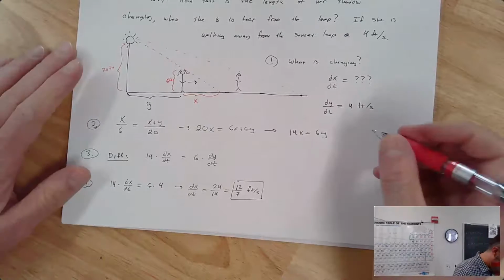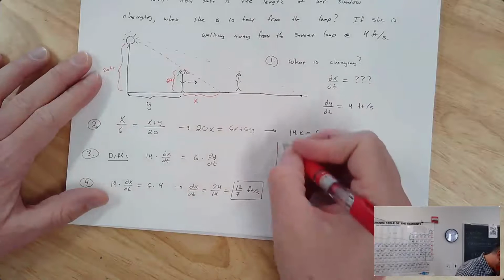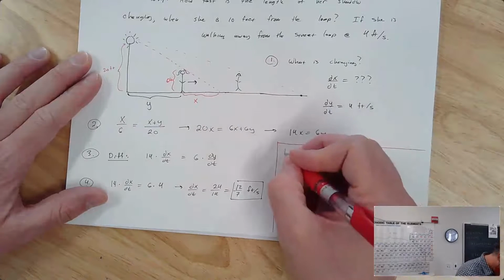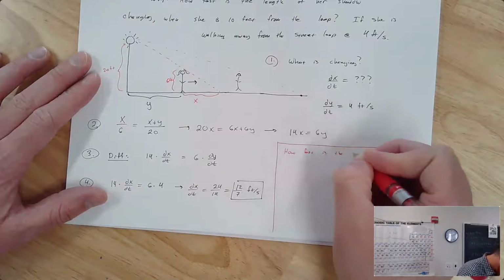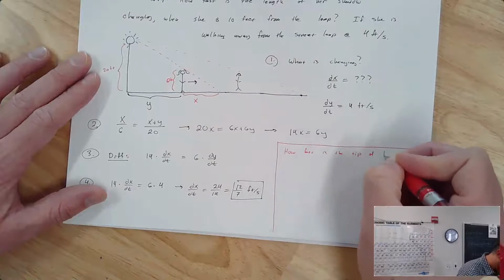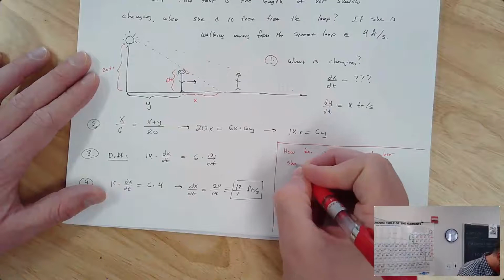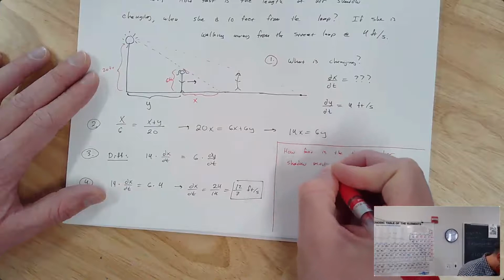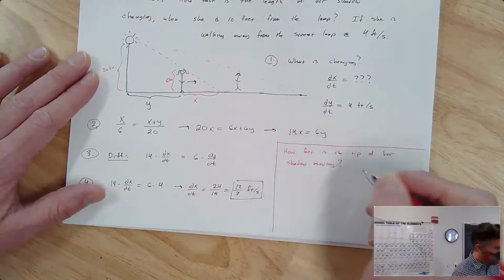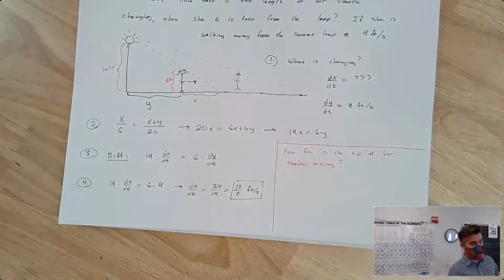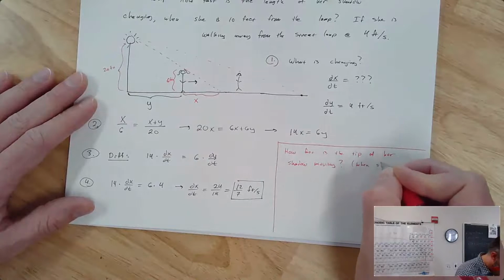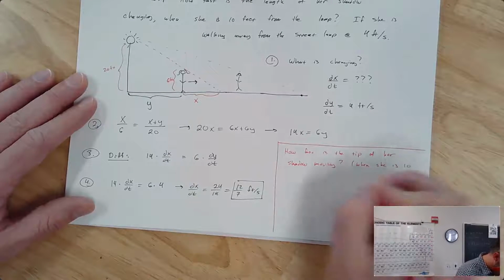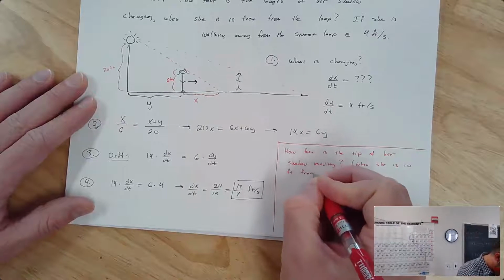Some people like to ask instead, how fast is the tip of her shadow moving? When she's, it doesn't matter how far, it's still not dependent on how far she's away, but you could say when she's 10 feet from the lamp.